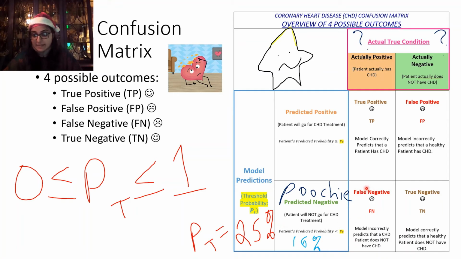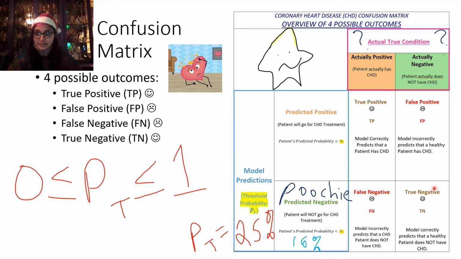But on the good side, what we really want, the best case, especially since nobody wants coronary heart disease, is the true negative. The model predicted that Pucci is negative, does not have CHD, and should not go for treatment, and in reality Pucci doesn't have CHD.